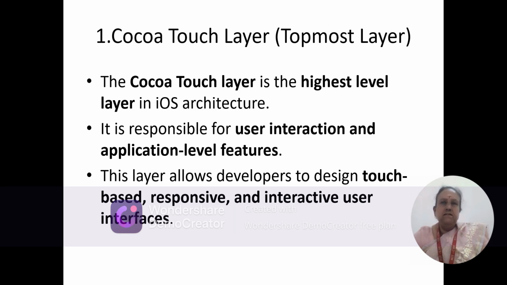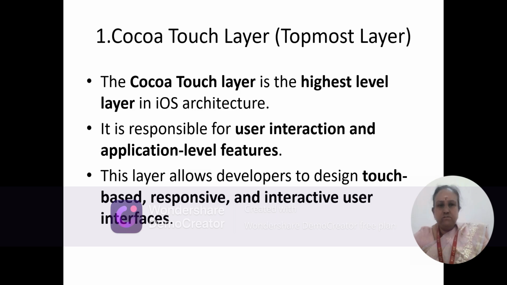So whenever the mobile is touched, it gives some reaction, whether a touch is being opened or it is being triggered for a user to give an input. It is responsible for user interaction and application level features. This layer allows developers to design touch-based, responsive, and interactive user interfaces.